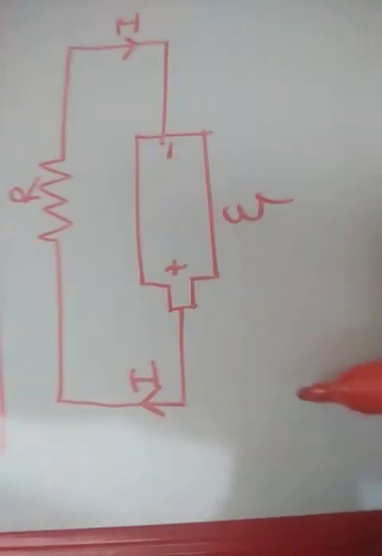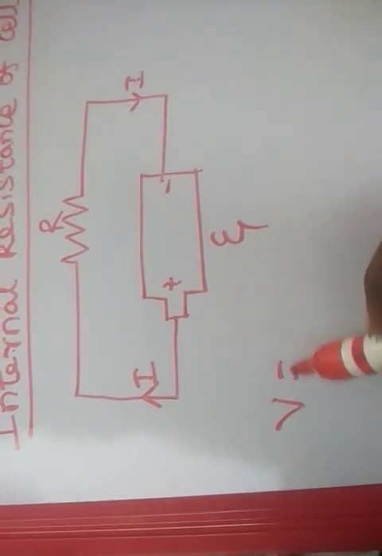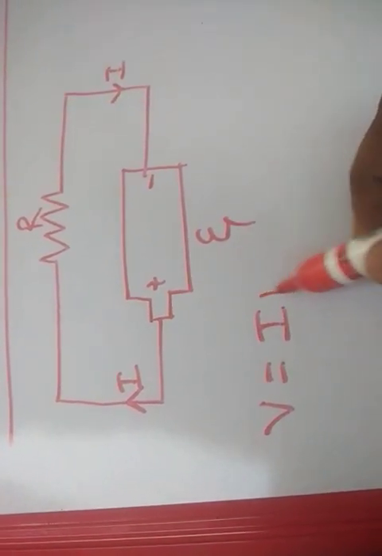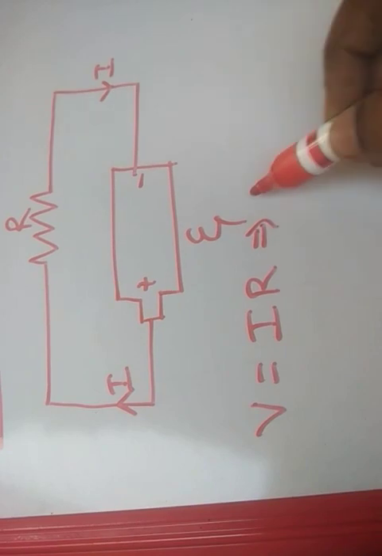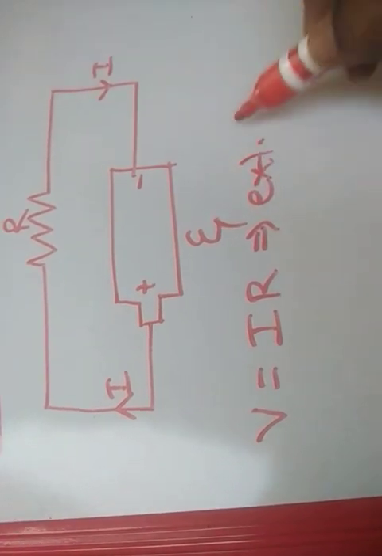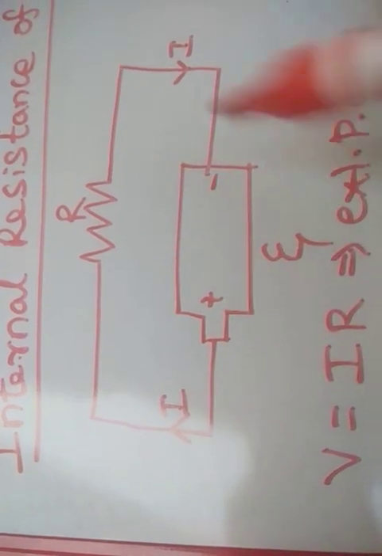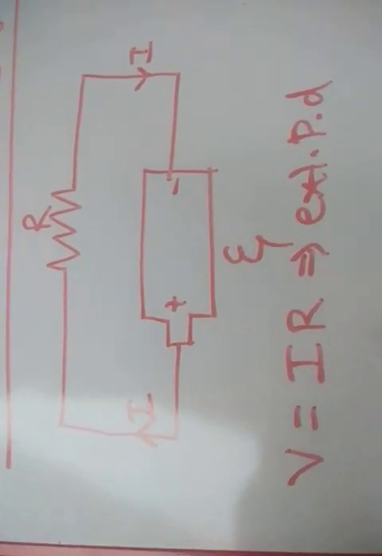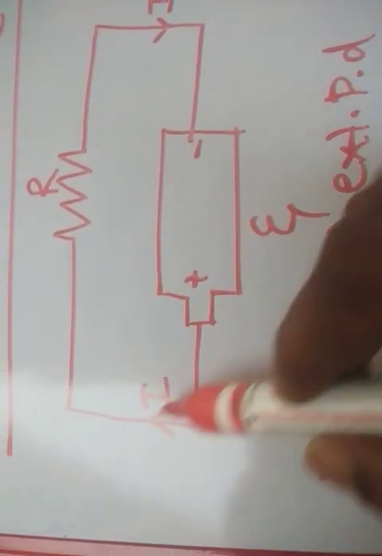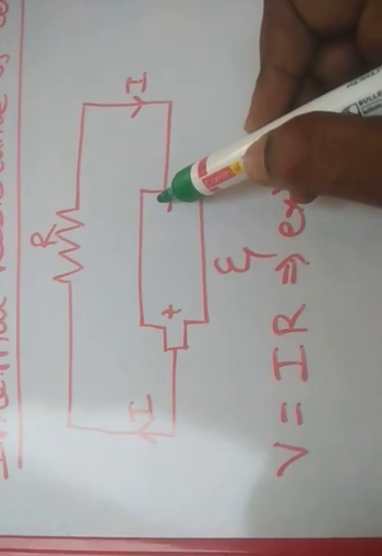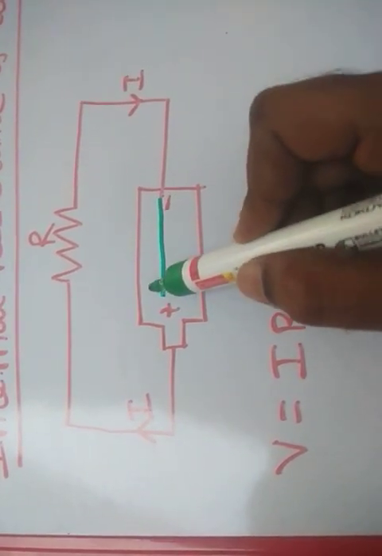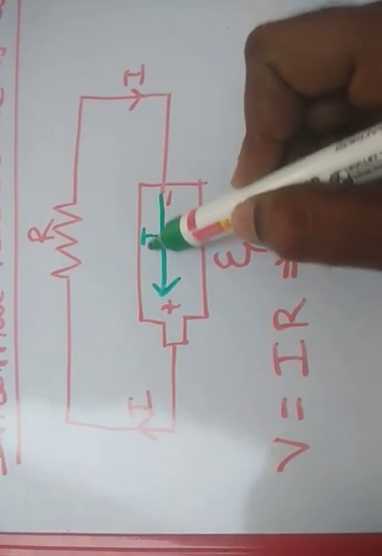According to Ohm's law, V is equal to IR. This is the external voltage, the external potential difference at the ends of the battery or the cell. When the current flows from the positive terminal to the negative terminal, inside the battery the circuit will close like this.